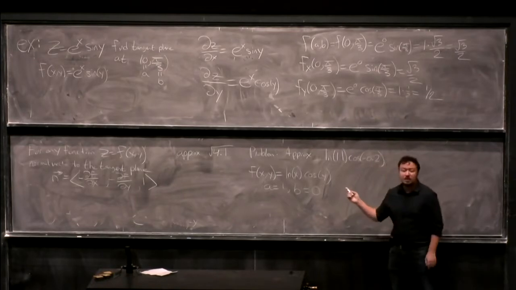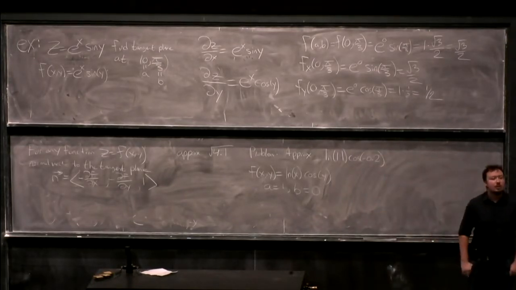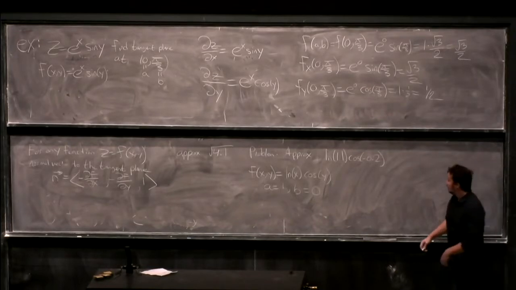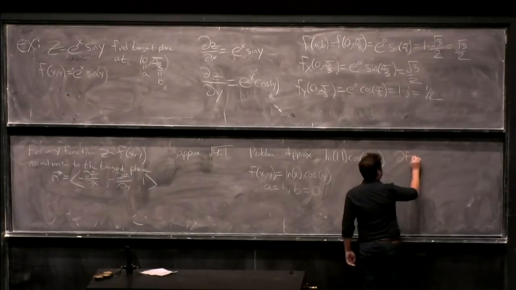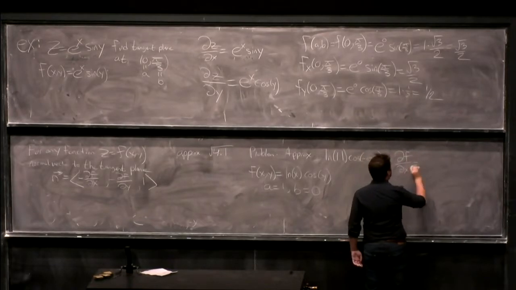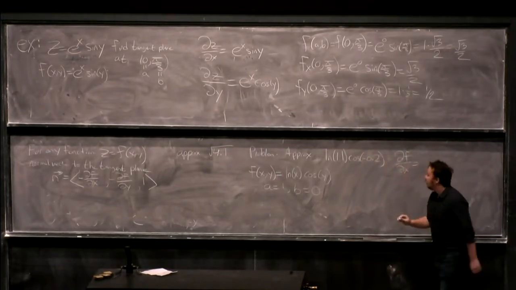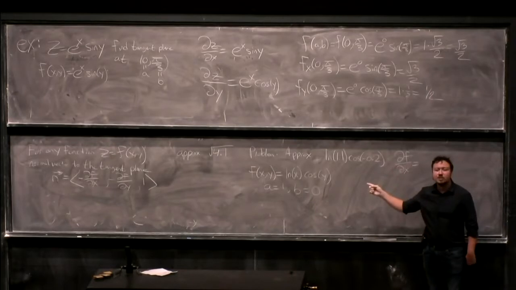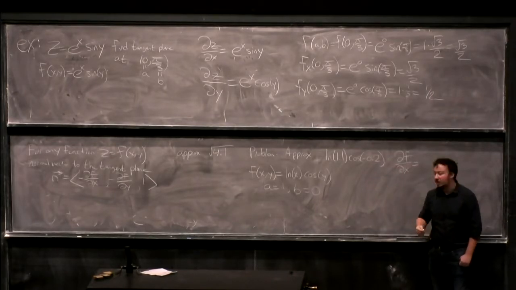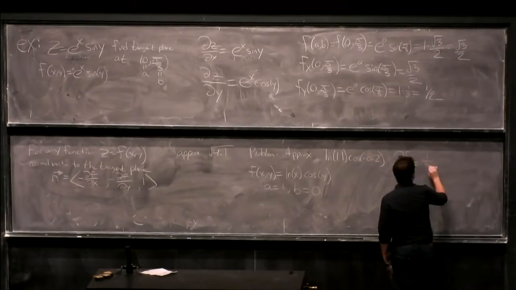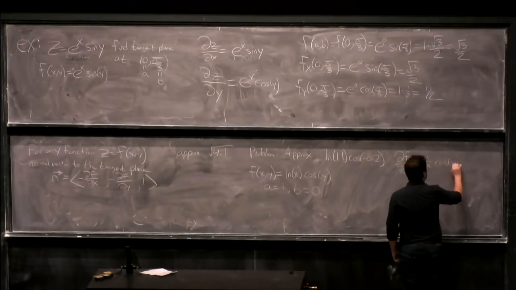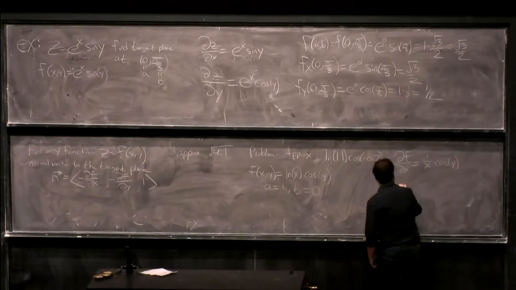So in order to find the tangent plane, we need to know the partial derivatives of our function. So we know partial f, partial x. Well, let's see here. We can leave the cosine of y alone when we're doing an x derivative, and we can take the derivative of ln of x. So it's going to be 1 over x times cosine of y.